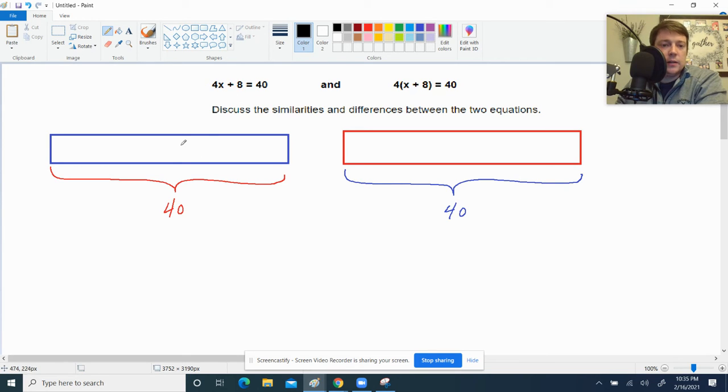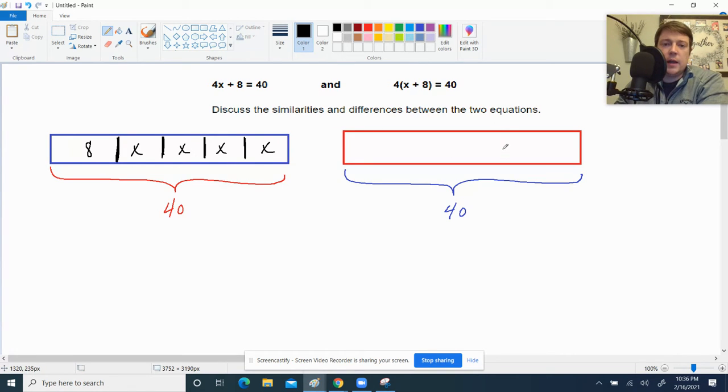So a single 8, like if this was half, this would be 20, quarter would be 10, so 8 would be right about here. And then the remaining length of that distance is going to be split up into 4 equal amounts, which we don't know, but we're going to call x. So we're going to split this up into 4 equal sections and call them all x. Boom, boom, and boom.